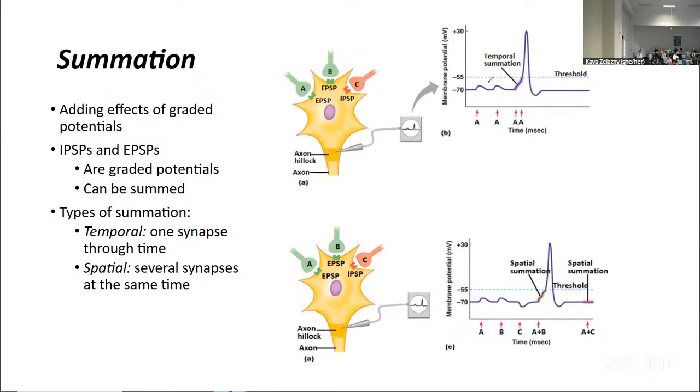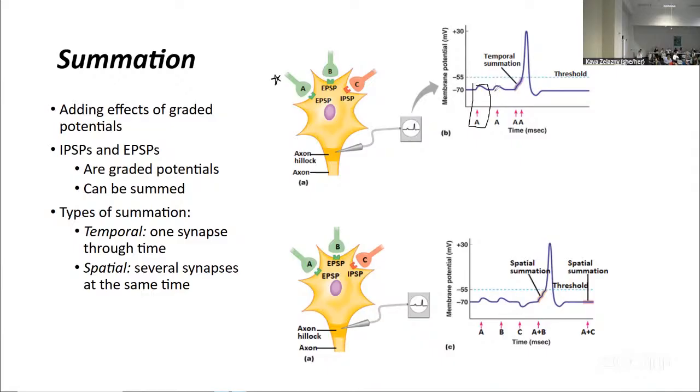So here we see what happens if A fires a couple times. We're picking out A. Your book uses green for excitatory and red for inhibitory, so A is green. This is excitatory. If it fires once, a little bit of excitement doesn't get us to threshold.